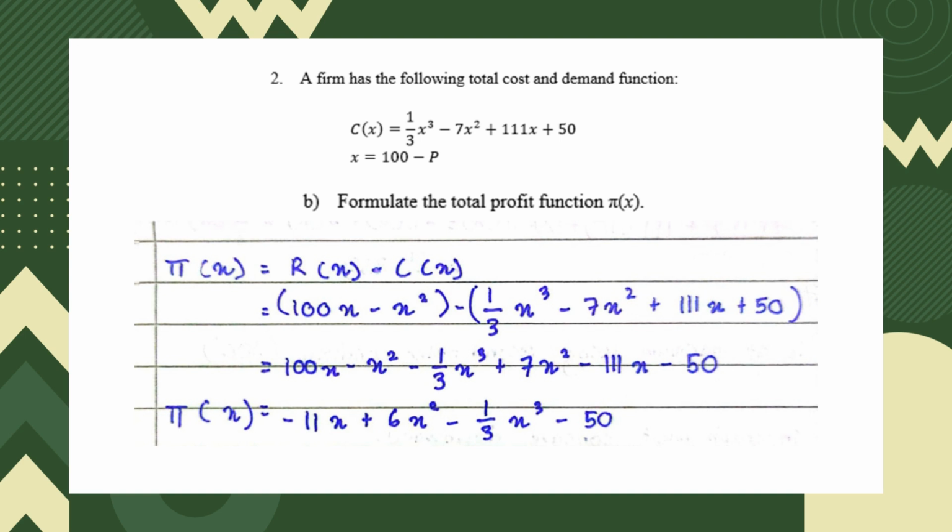We substitute the value of the revenue function and cost function, and at the end we get the profit function, which is negative 11x plus 6x squared minus 1 over 3x cubed minus 50.